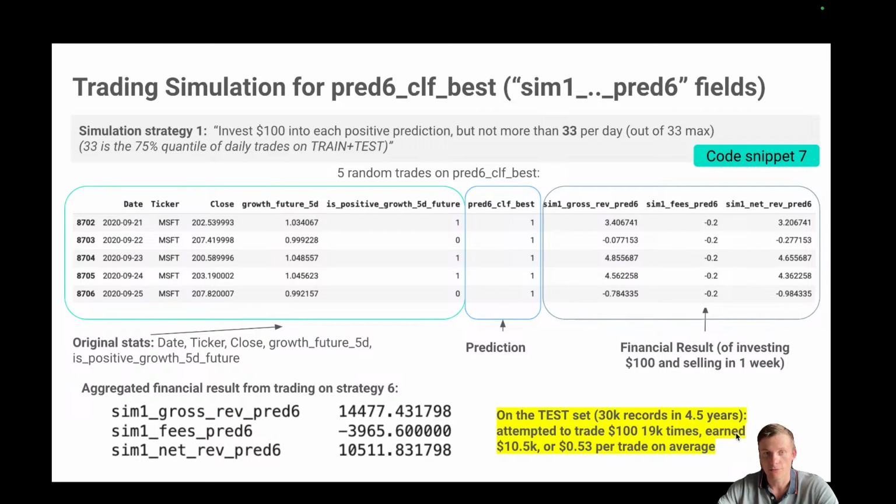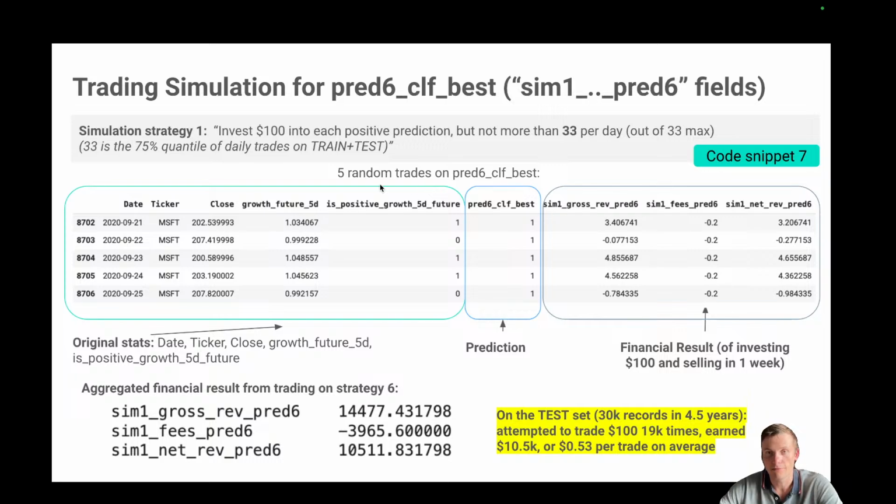We have everything ready for simulations, and let's imagine that our strategy is to invest $100 in each positive prediction, but not more than 33 times per day if we choose prediction number 6, which has a very high number of positive predictions. So 75% quantile equals 33 predictions. So oftentimes it says just invest in anything, in everything.